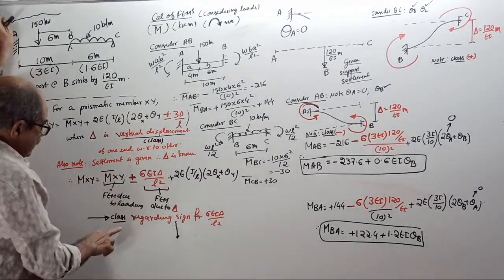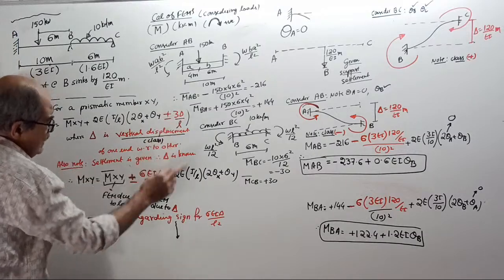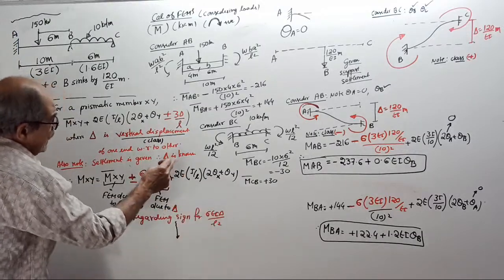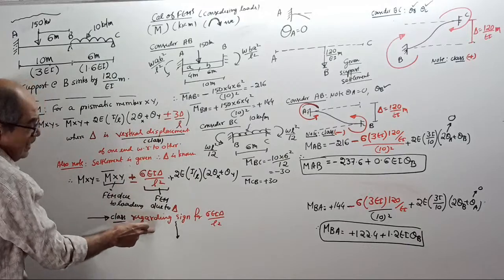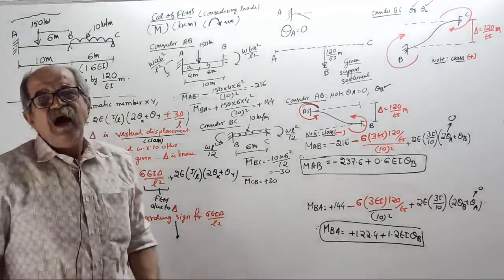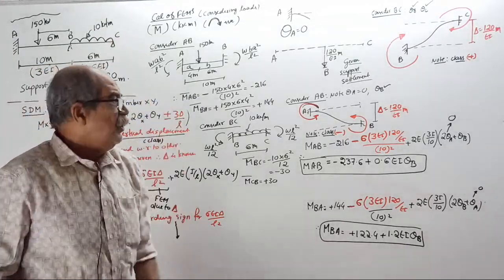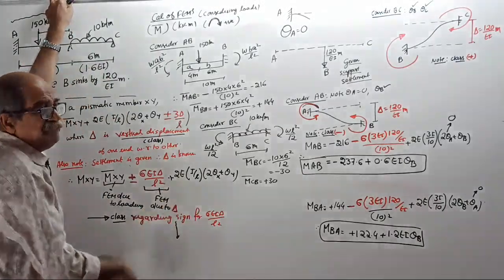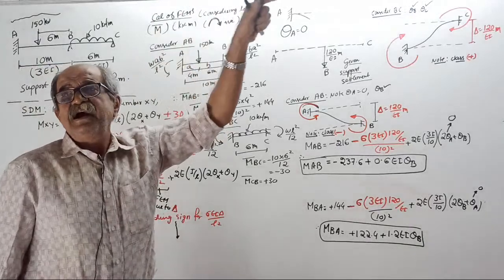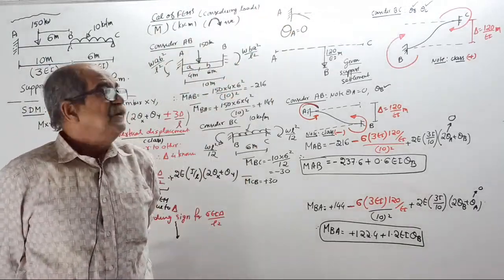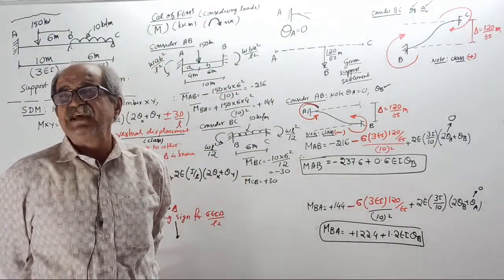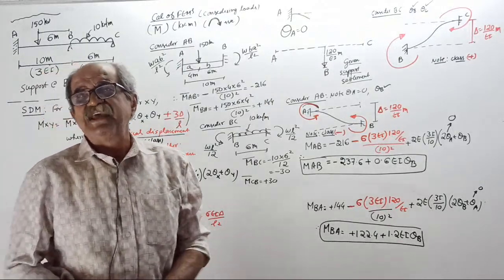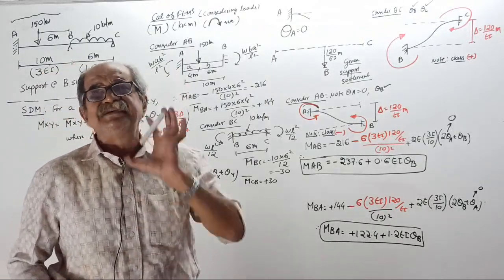Now, regarding the sign for this term, I am explaining now, already explained earlier. You write a note here. When you consider the member for getting the slope deflection expression for moment, you put a sketch, clearly mark delta.